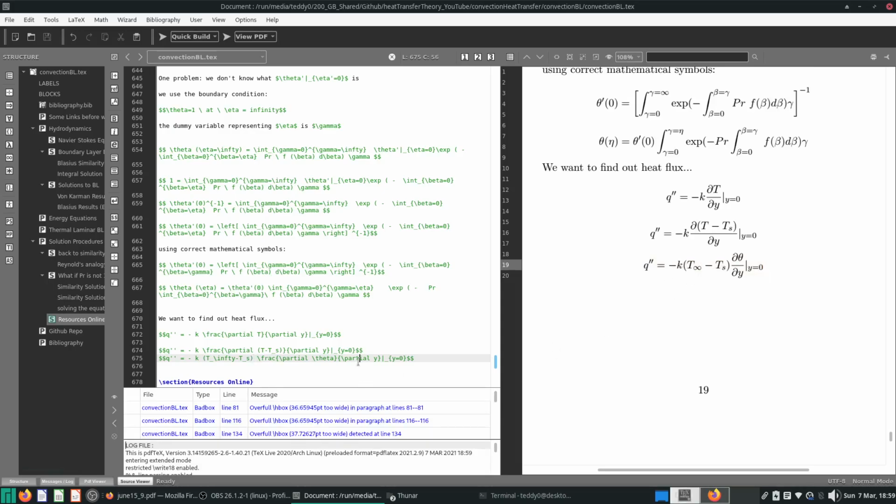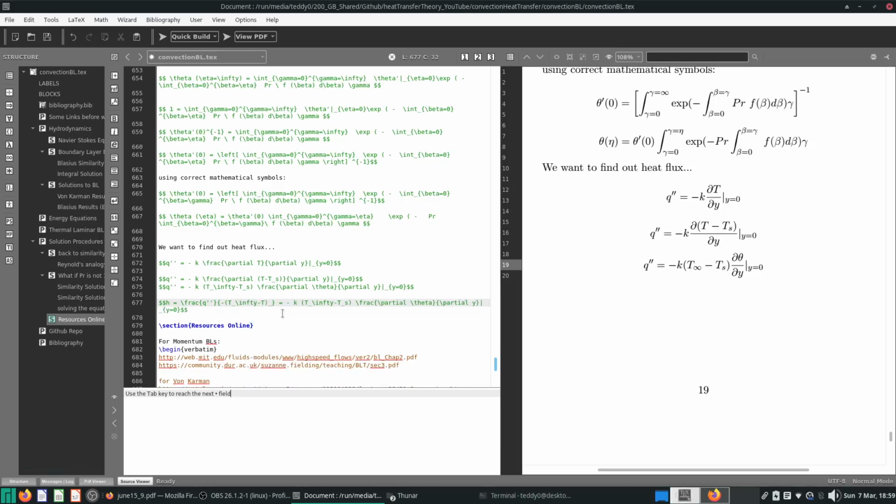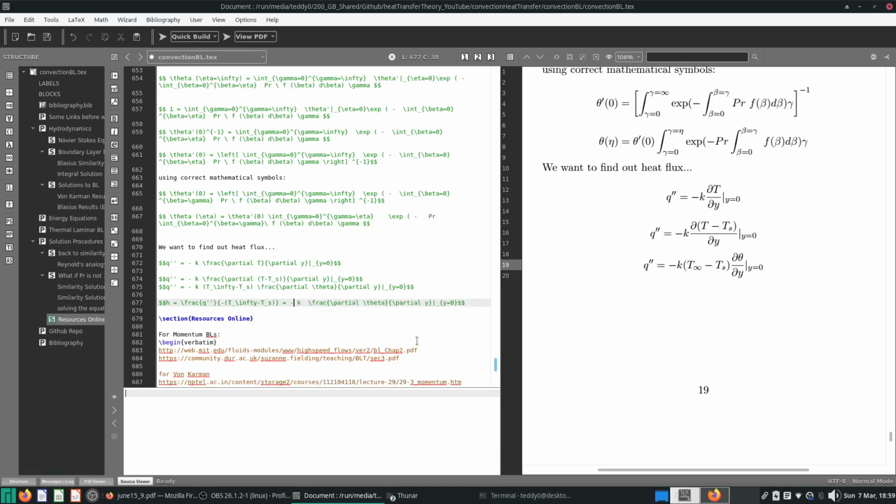And of course, if we want to have a heat transfer coefficient, h equals q double prime over minus (T infinity minus Ts). Of course, h should always be a positive number, so we'll just take the negative sign out.